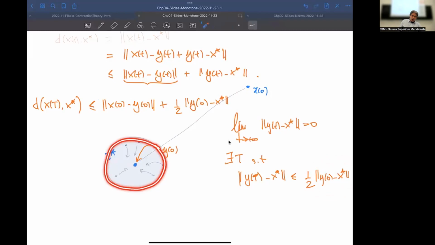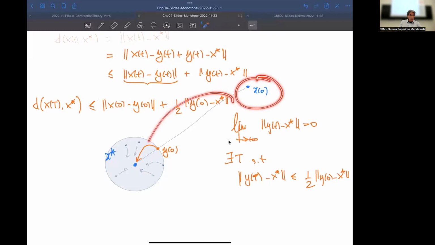So this circle has become that circle, and when y0 was going in, it carried x0 with it as well. And so now, as you keep iterating this argument with time, the trajectory starting at x0 must go to x star. It's like the concept of the funnel. The first bit goes in, and everybody else must be coming in as well.